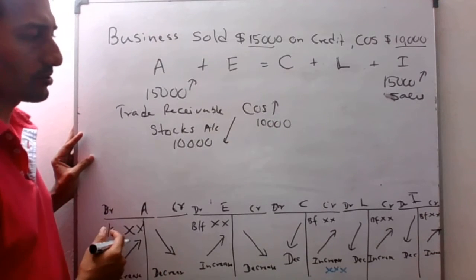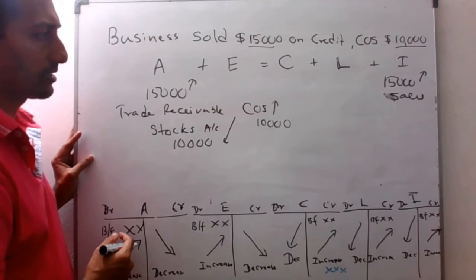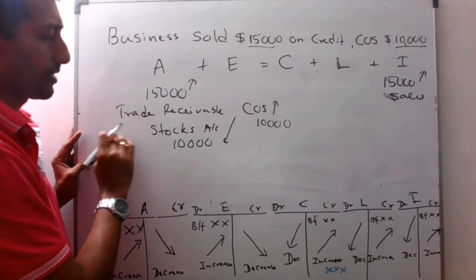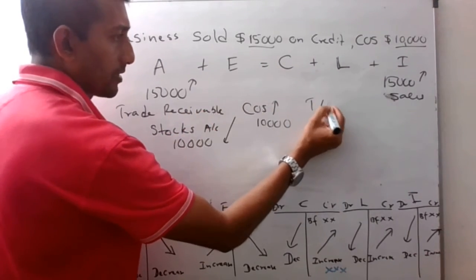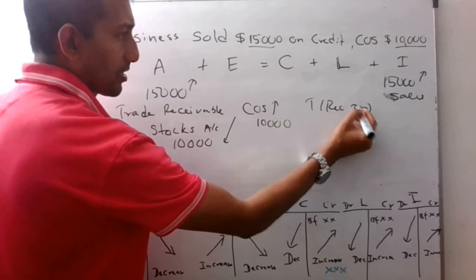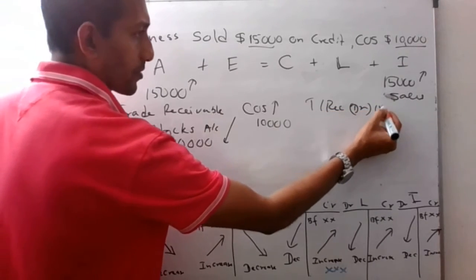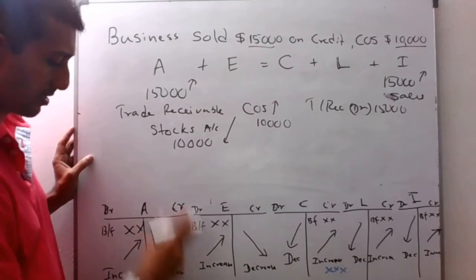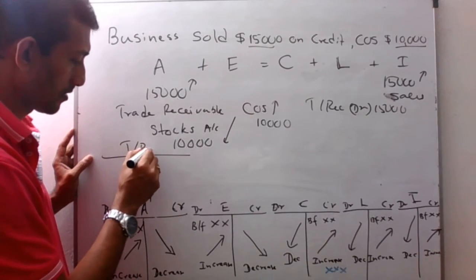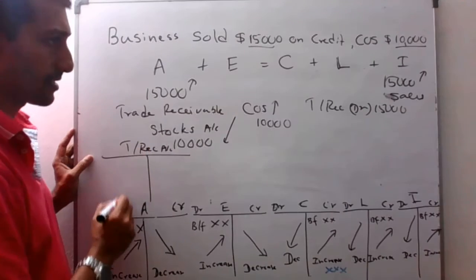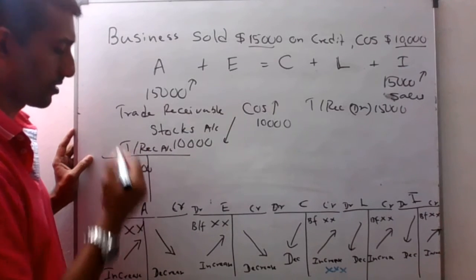So if I may put it into the ledger, what is the effect of that? My trade receivables are going to go up. So my trade receivables is debiting 15,000 because it's an asset. So I will open a trade receivable account. I can see a 15,000 increase.